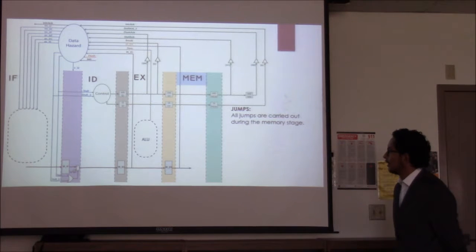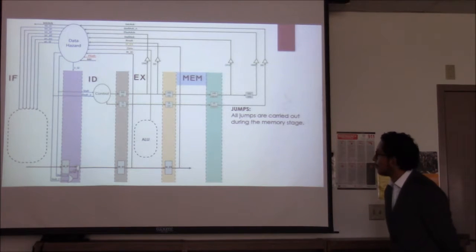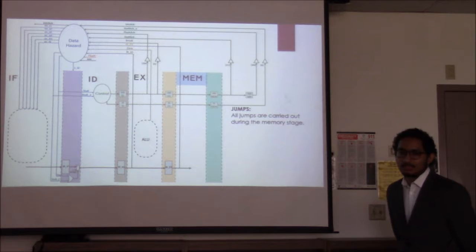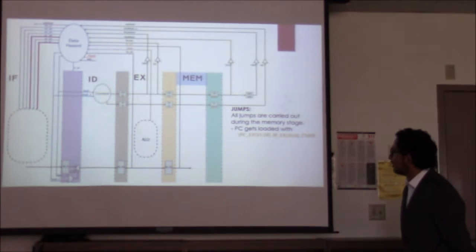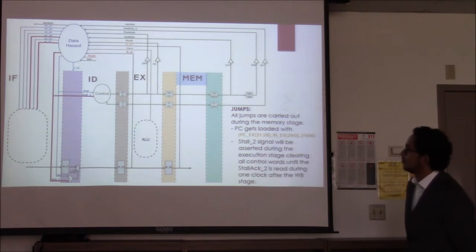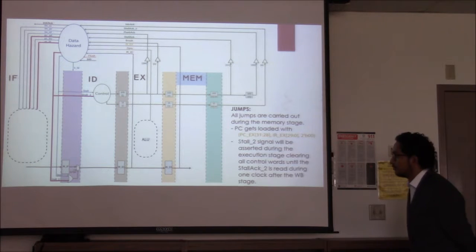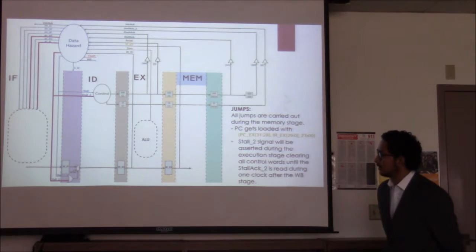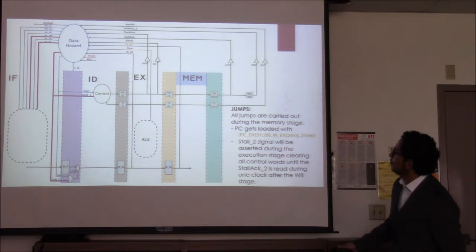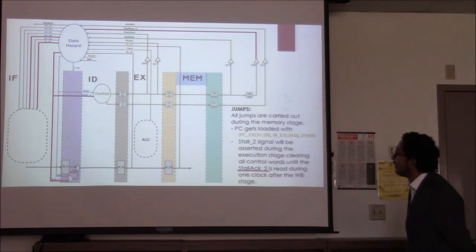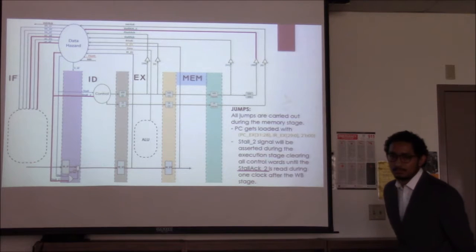Jumps are carried out during the memory stage. All of our 3 jumps are carried out during the memory stage. PC again gets loaded with this value. And the stall 2 signal will be asserted, clearing the control signals and encoding a control acknowledge, which will be read in the clock after the write back stage.